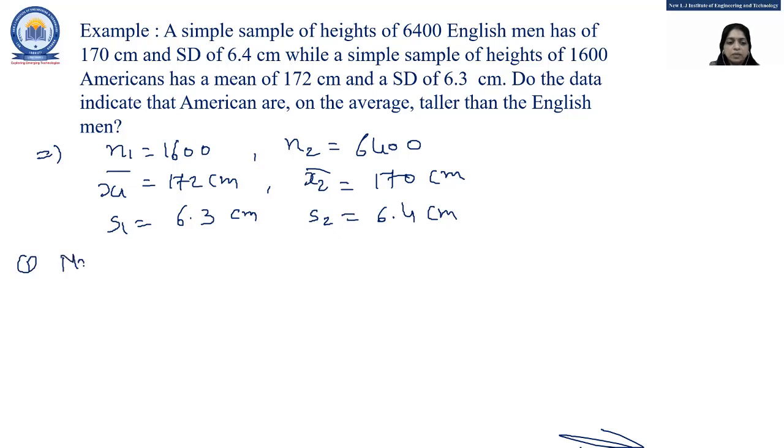Number 1, null hypothesis, denoted by H naught. As per the rule, my first step is mu1 equal to mu2. Now, what are mu1 and mu2? Mu1 and mu2 are population means. What does it mean?